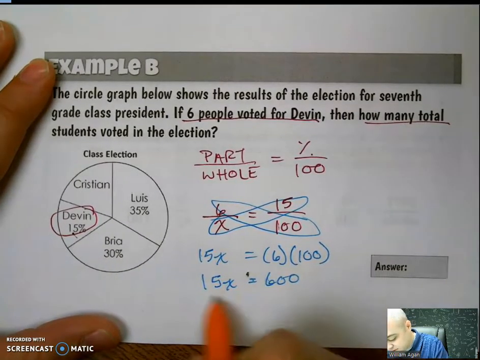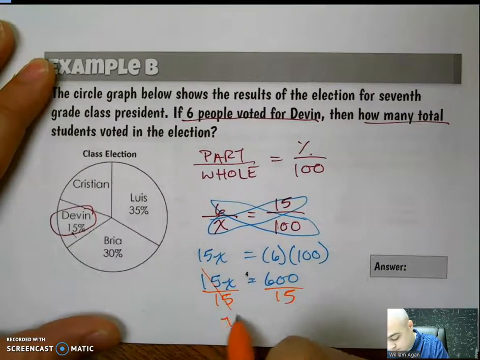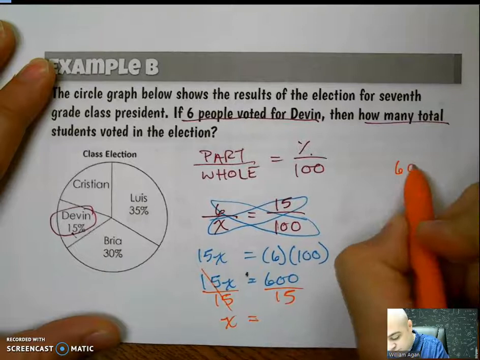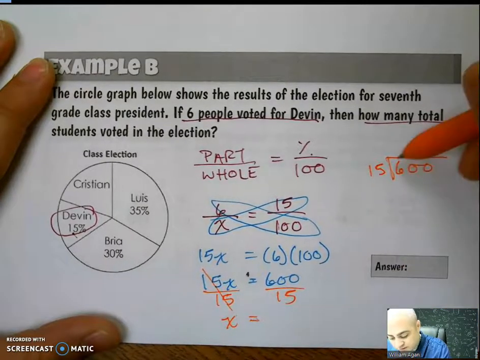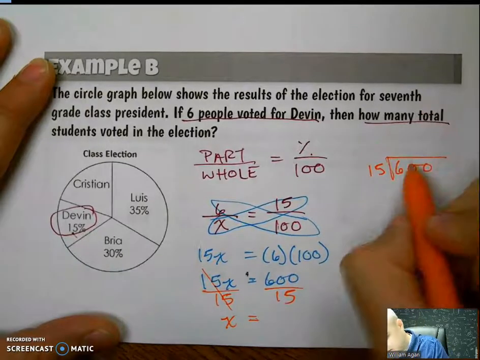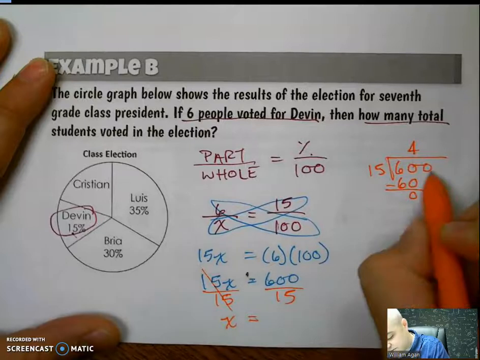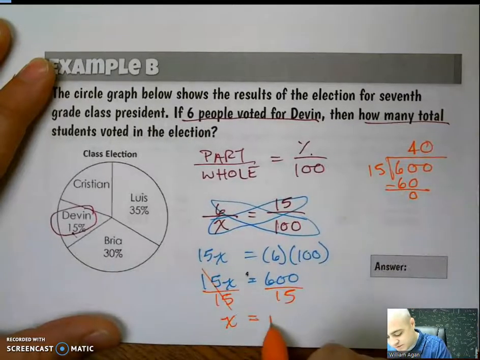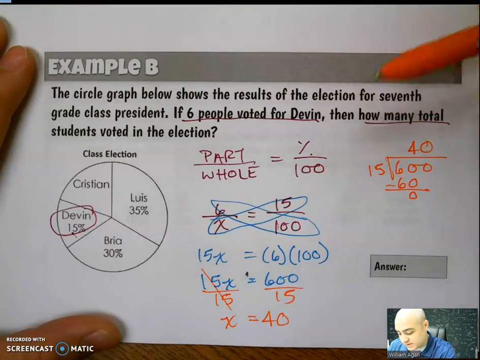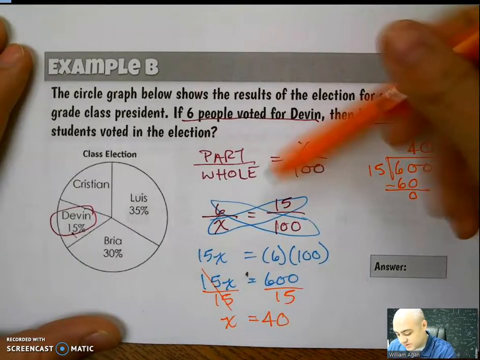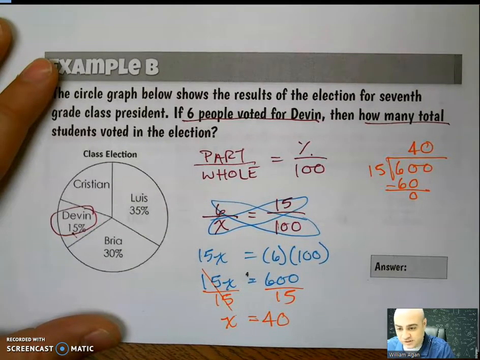Divide both sides by 15. So I have 600 divided by 15. 15 will not go into 6. It will go into 60 exactly 4 times. I have an extra 0. I take that straight up. So that means that there were 40 students that voted in the election.